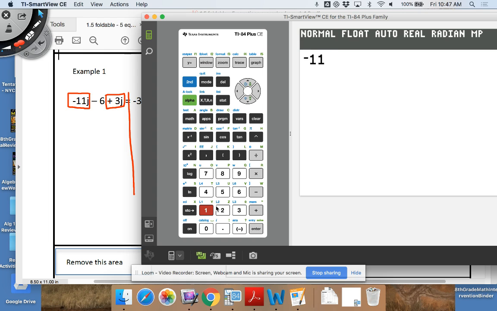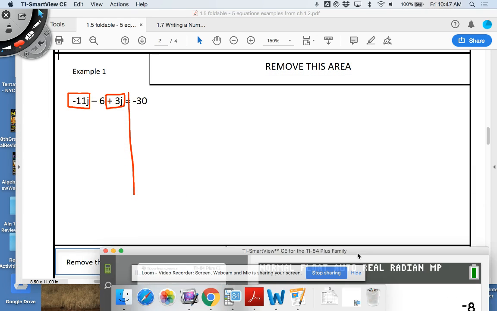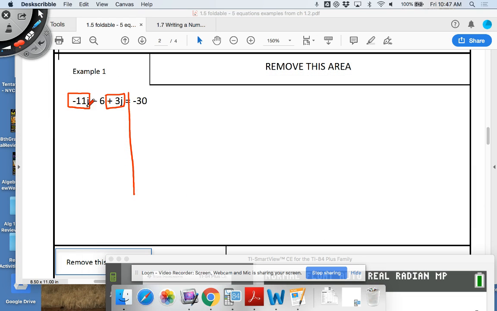We just have to know we've got negative 11 and then plus 3 and enter, and we get negative 8. So now instead of having two separate boxes that are like terms, we're going to just write it as negative 8j.